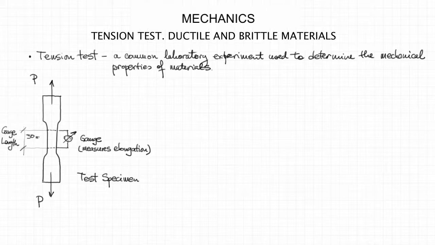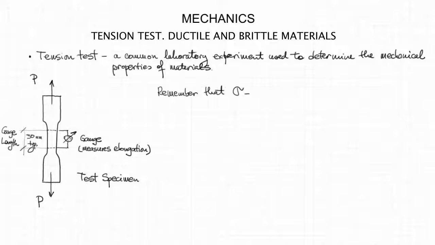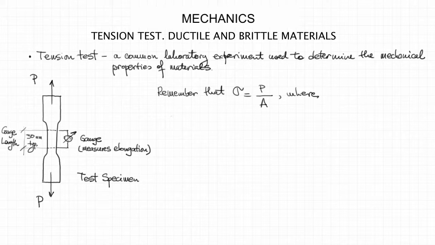This is the original unstretched length of the measured area, and typically it is in the order of 50 millimeters. This test is a standard test, and all the dimensions of the specimen, the gauge length and so forth are strictly specified in the test standards.